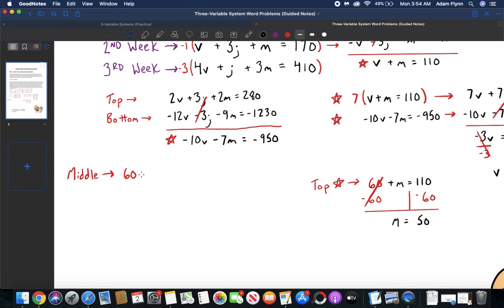Got my plus 3j, and then plus m, but instead of m, I'm writing 50, equals 170.